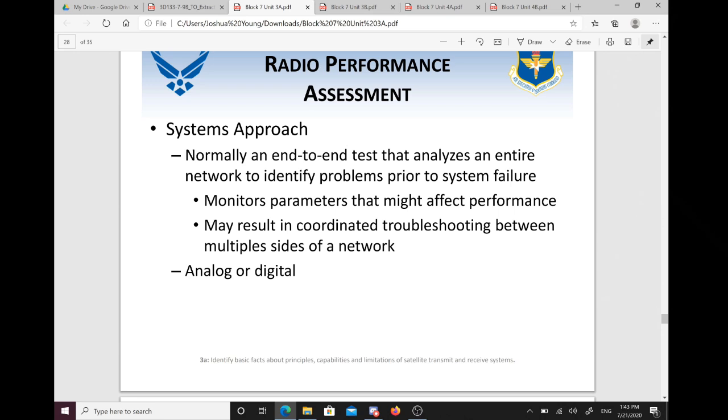If your transmit circuitry doesn't know to send that information, audio, email, messaging, whatever it is that you're sending, it's just going to stay at your terminal and it's not going to go anywhere. So through your troubleshooting with multiple sides of your network, you would be able to hone in on whatever component or setting it is that's making your transmission inoperable.